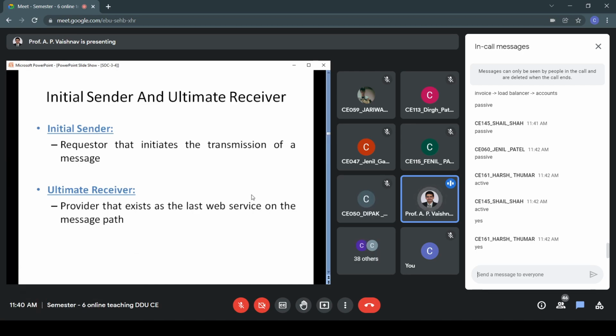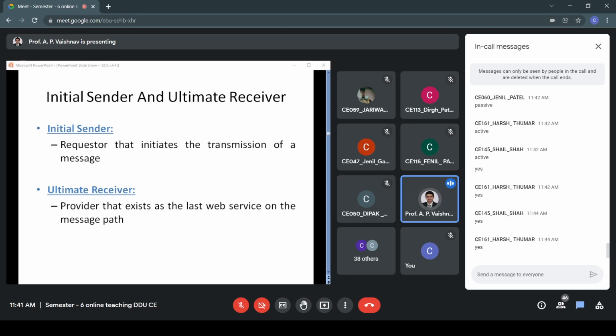You should have a published description. You should have the ability to search, right? Are you getting the question? Yes, Harsh, Janil, Shail. Yes, correct. So we have to follow 4 conditions. Correct.